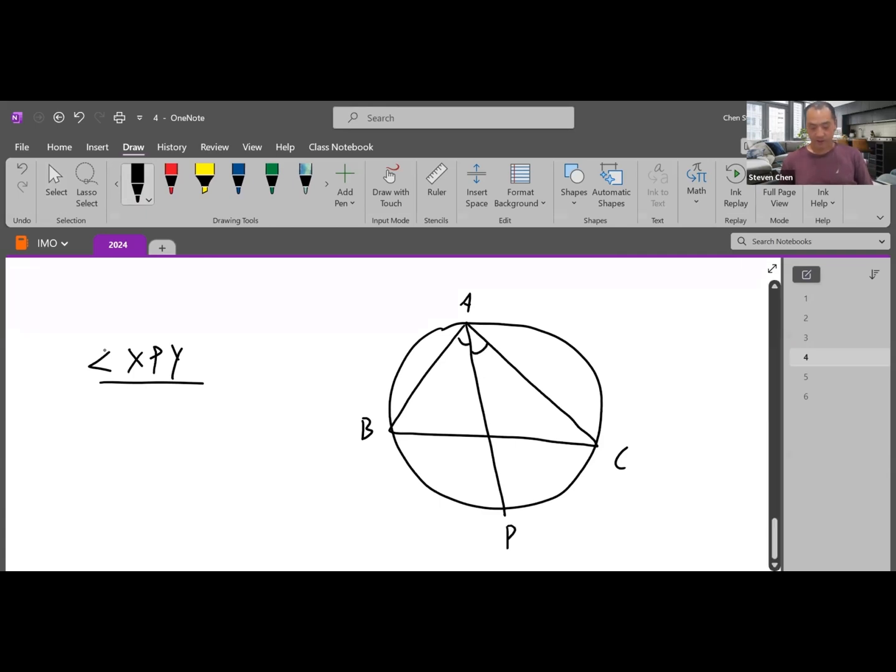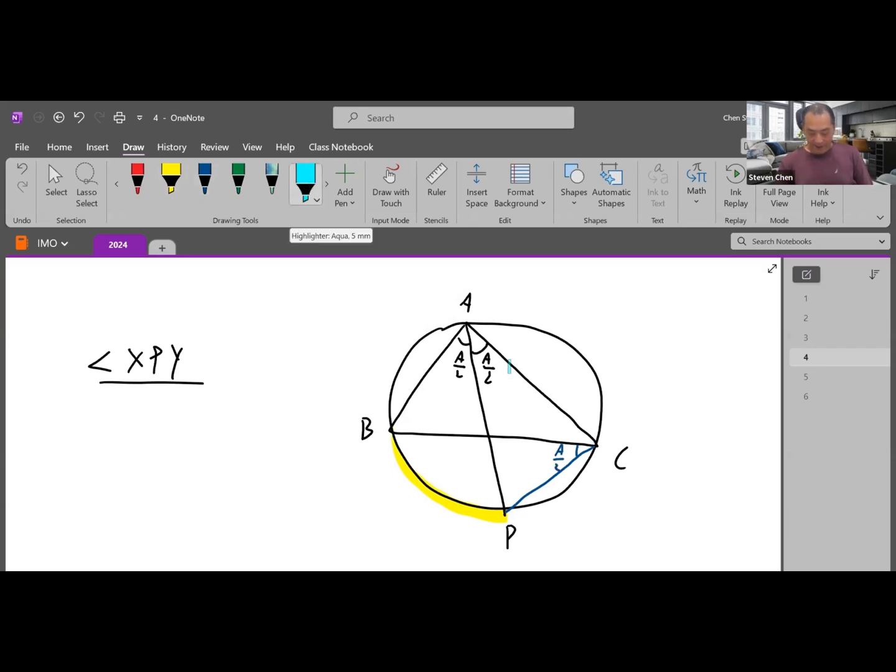The bottom point is P, right? So each half angle is A over 2. Now let's look at arc BP. One inscribed angle is BAP, which is A over 2. Another inscribed angle is BCP. These two should be congruent, so this is A over 2. Okay?